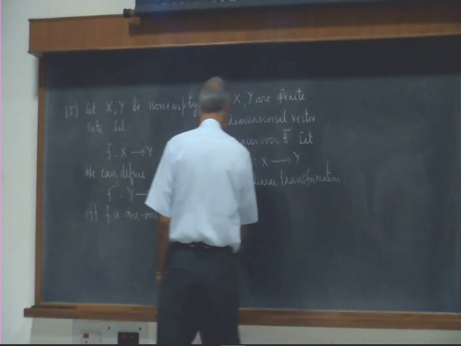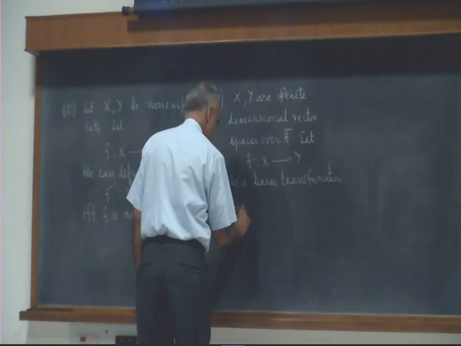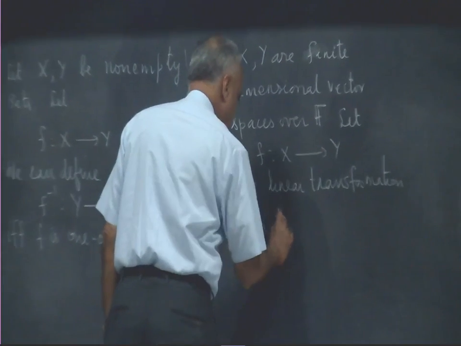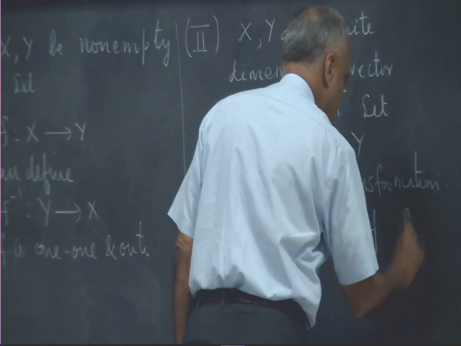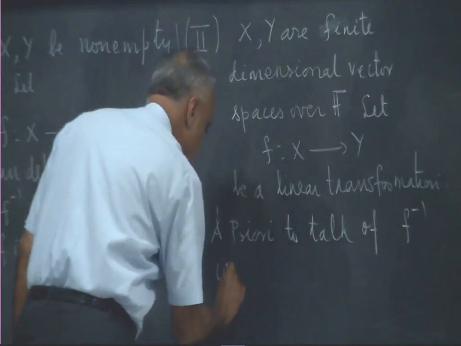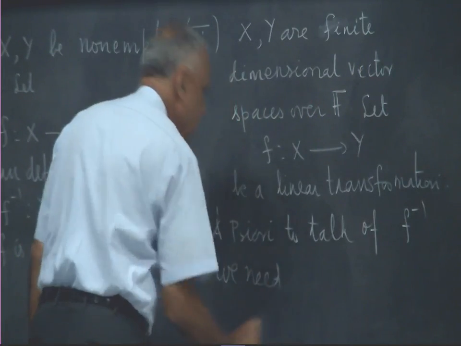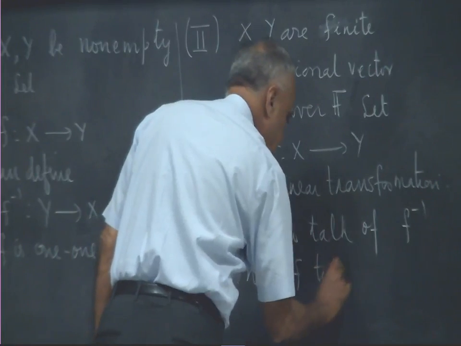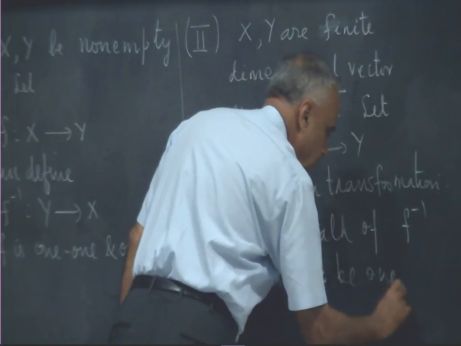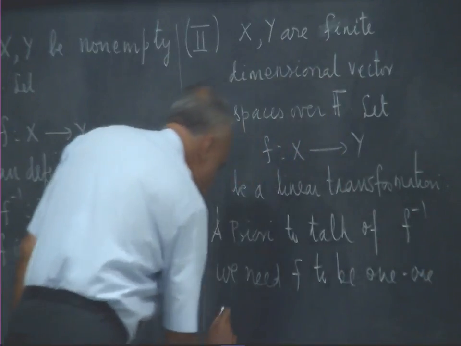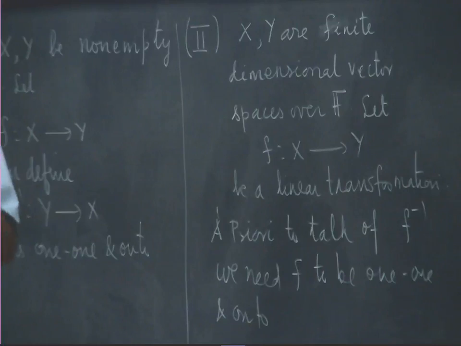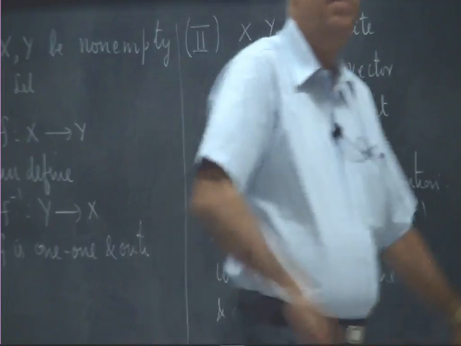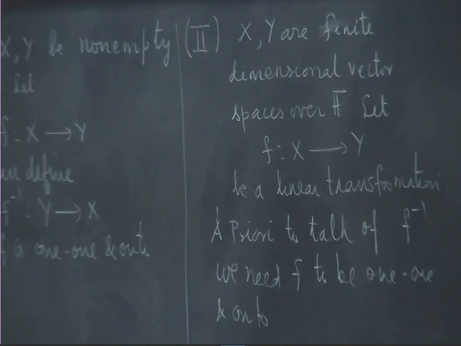So a priori, to talk of an inverse, we need f to be one-one and onto. So let us say we have a one-one onto map.